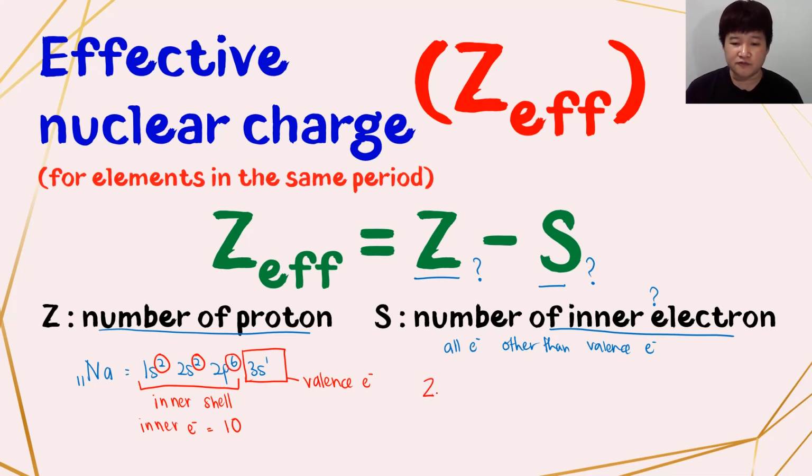And the effective nuclear charge of sodium will be the number of protons, which is 11, minus the number of inner electrons, which is 10, so the effective nuclear charge of sodium will be +1. And the higher the effective nuclear charge, the stronger the attraction.